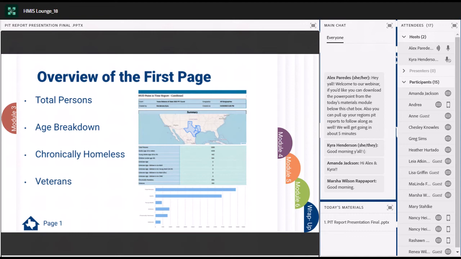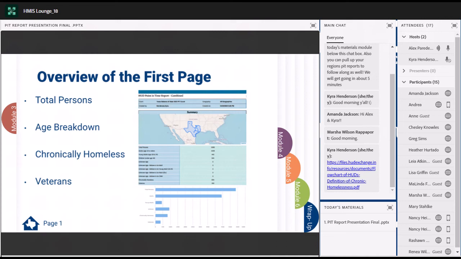If you want to know the specifics about how chronic homelessness is defined, in the chat we're going to link a HUD document that explains the definition. I've also received a couple of questions about why the three age categories, adults, youth, and children, do not add up to the total population at the very top of this table.